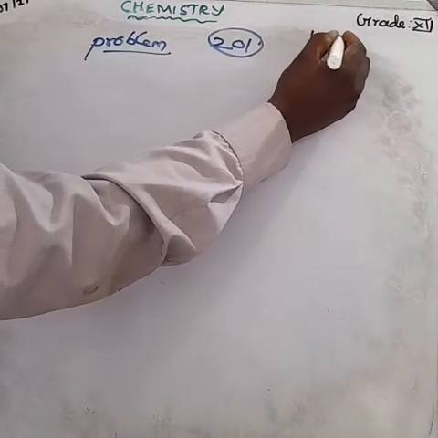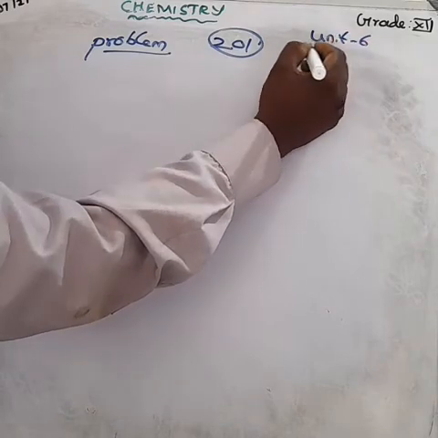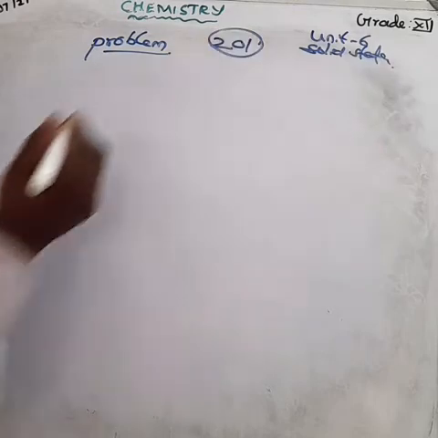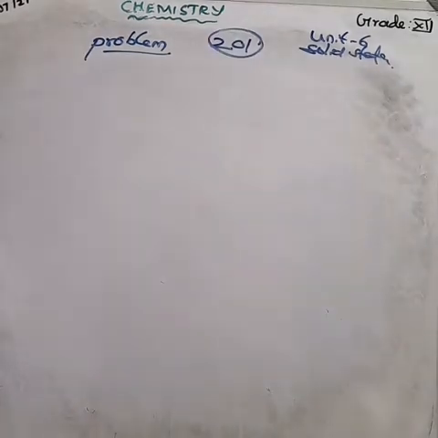Question number 17. An element has BCC structure with a cell edge of 288 picometer. The density of the element is 7.2 gram per centimeter cube. How many atoms are present in 208 gram of the element? It's one of the book back questions.